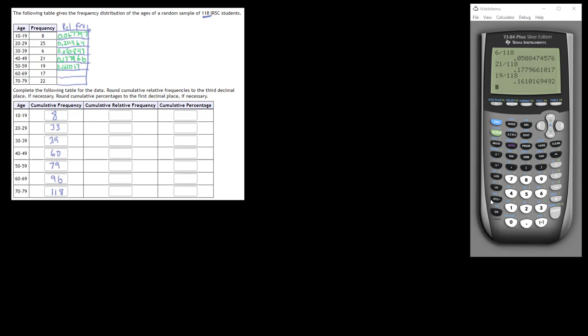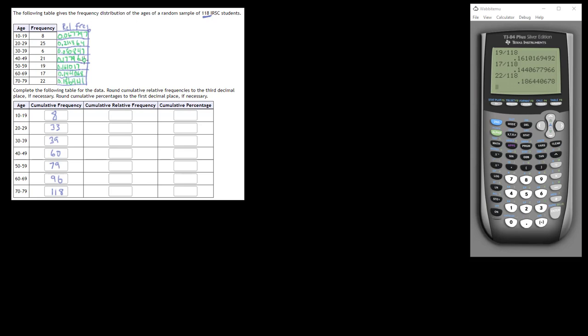Then 17 divided by 118 is 0.144068. Then the last one is 22 divided by 118, which is 0.186441.